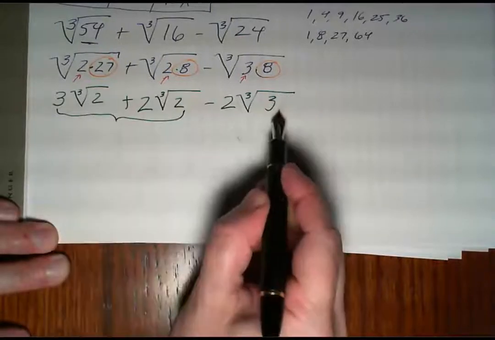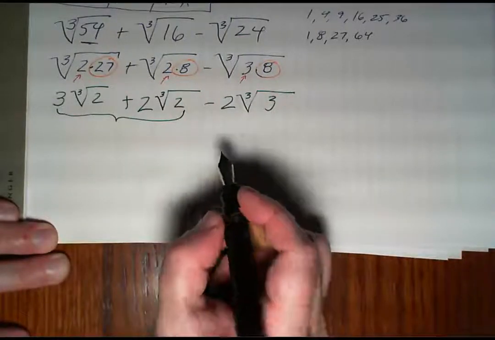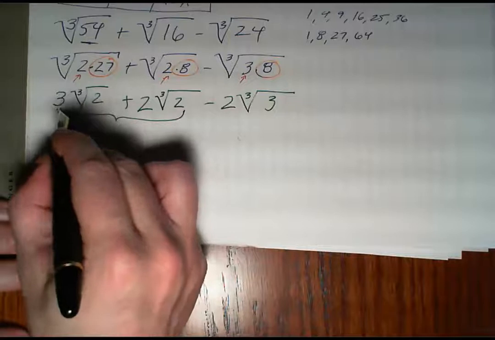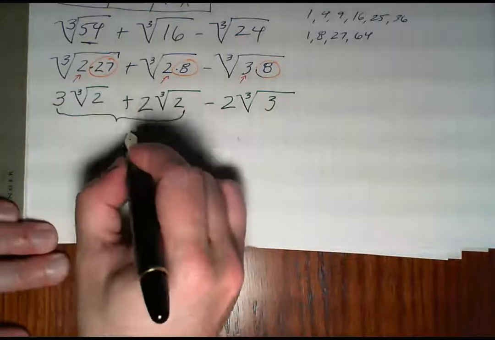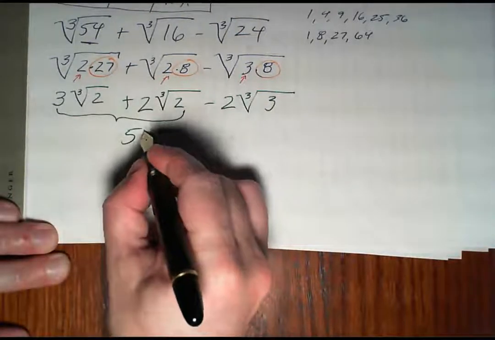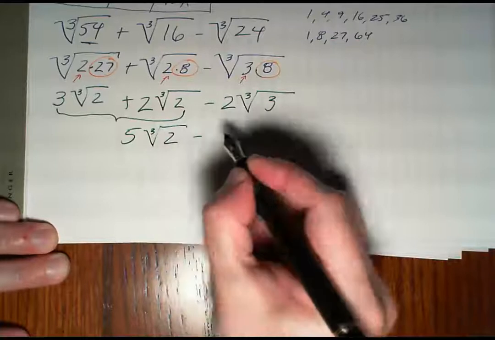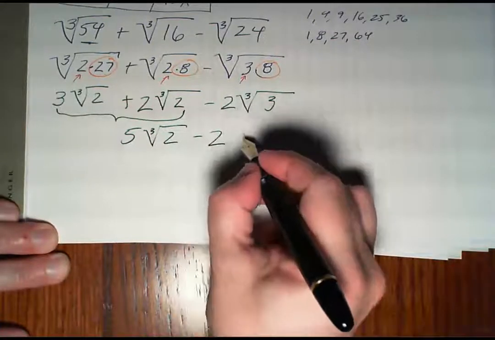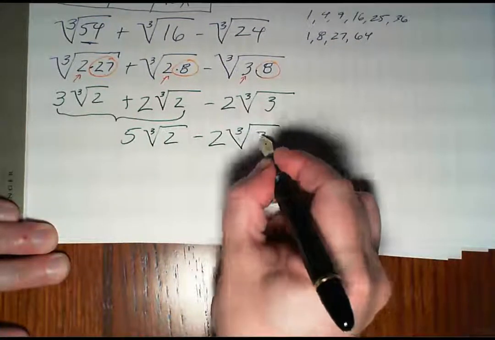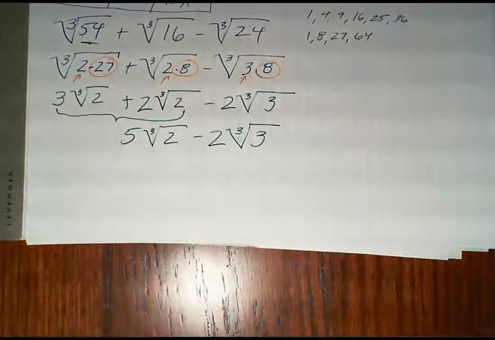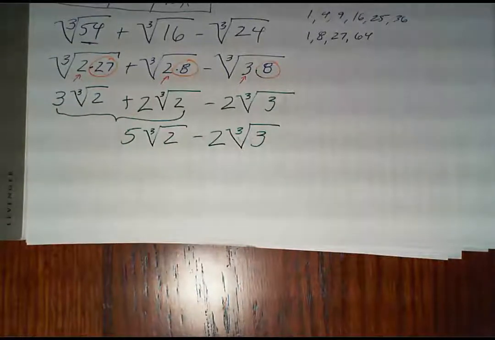This is cube root of 3, so it is not a like term that can be combined. So here all I have to do is add my coefficients, 3 plus 2. That gives me 5 times the cube root of 2 minus 2 times the cube root of 3. That would be my final answer. There's nothing else I can simplify from that point on.